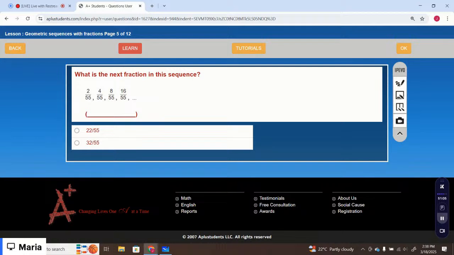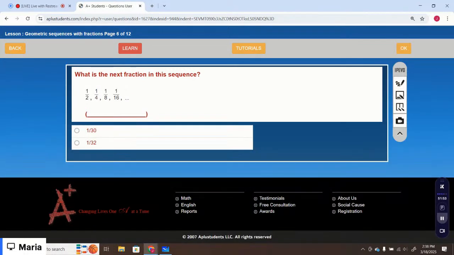What is the next fraction in the sequence? Two times two is four, 4 times 2 is 8, 8 times 2 is 16, so 16 times 2 is 32. That is 32 over 55.